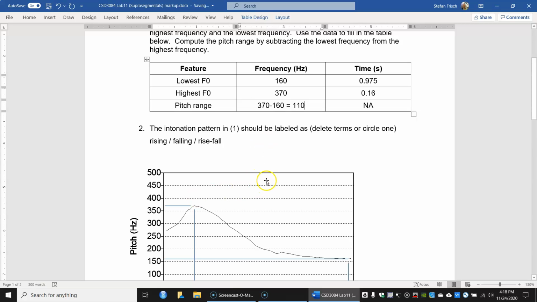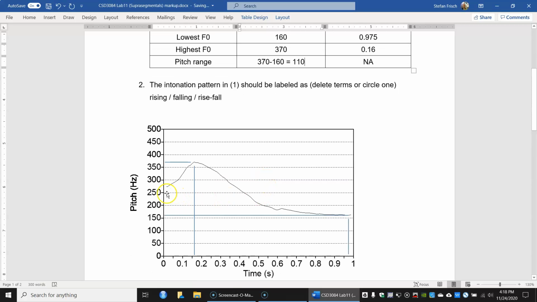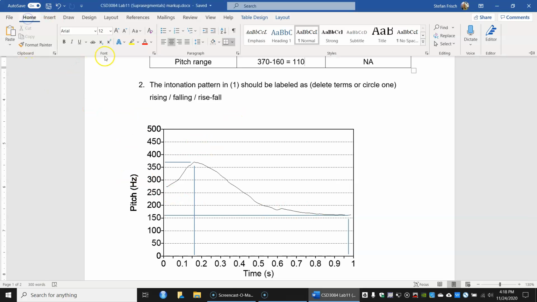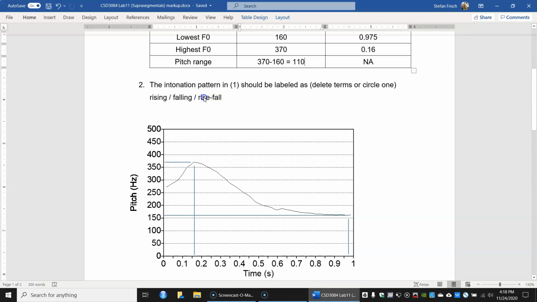Okay. And then as we look at this intonation contour, we see that it reaches that early peak and then falls off. So the best description of that pattern would be as a rise-fall intonation pattern, hitting a peak at a stressed item and then declining after that.